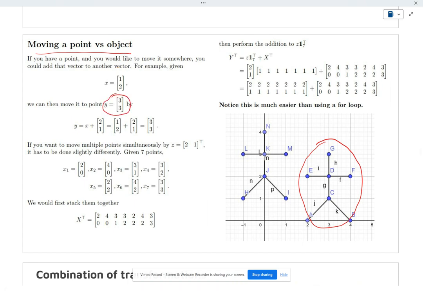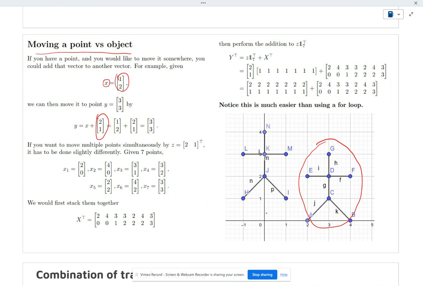The way we could do that is essentially just add some value to the vector. The vector is 1, 2. We add to this value, and that gives us 3, 3. So that's one point. Now, if you want to move multiple points simultaneously, remember the 2, 1, we want to move by 2, 1.